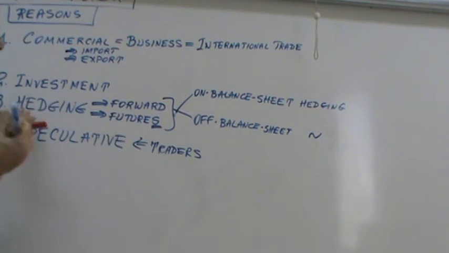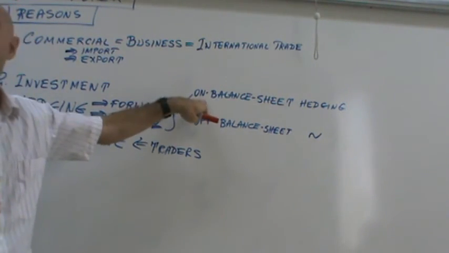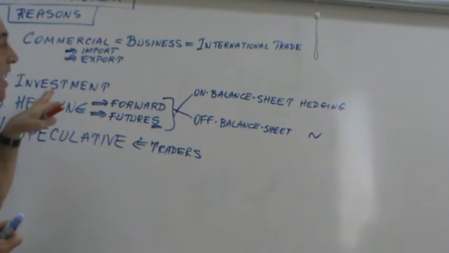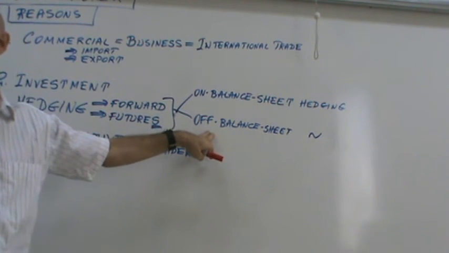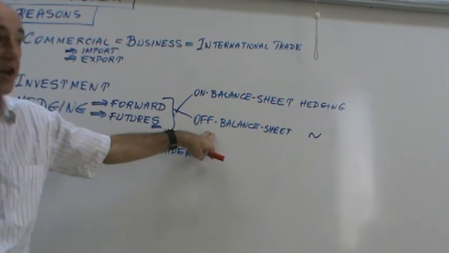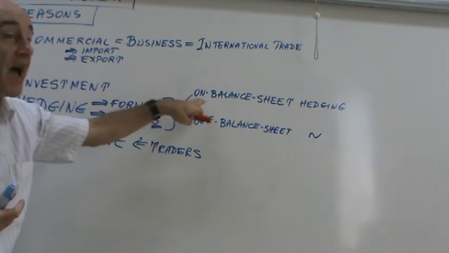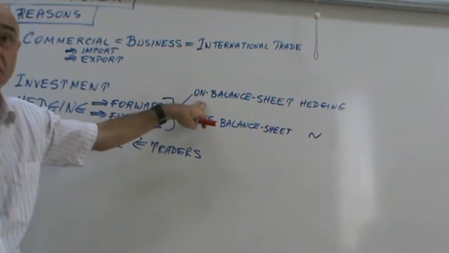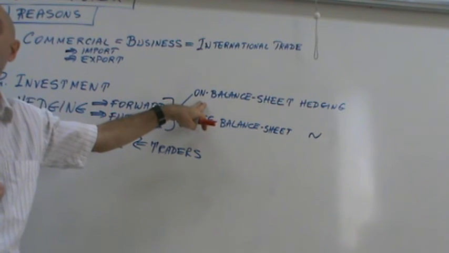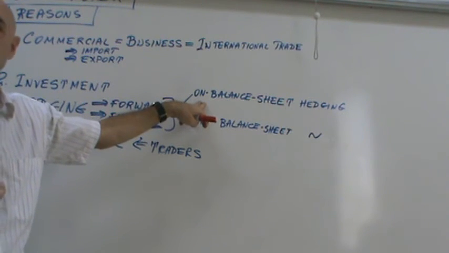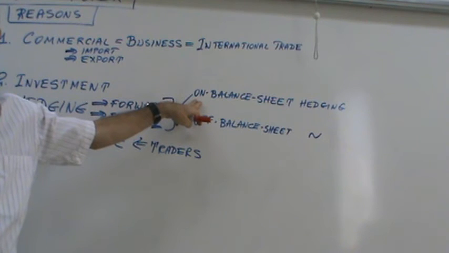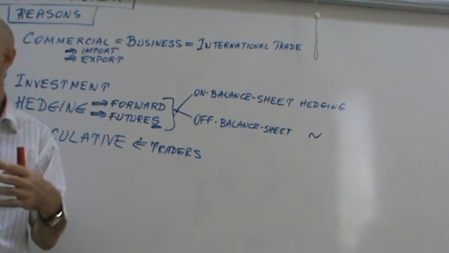So when you hedge, you can hedge on balance sheet, and you can hedge off balance sheet. If it's on the balance sheet, the hedge will be recorded either as an asset or as a liability. It will enter the balance sheet.